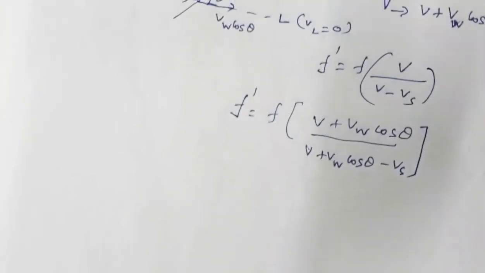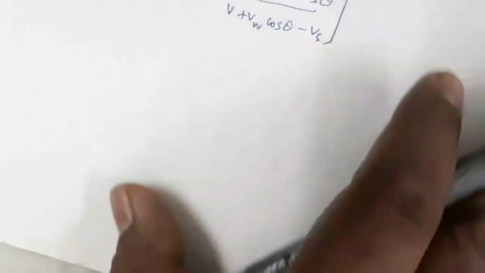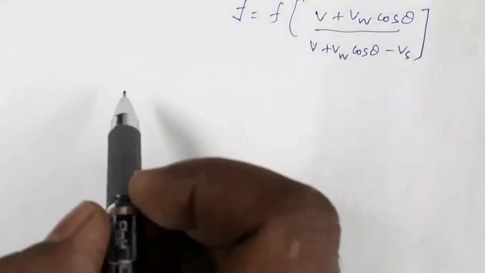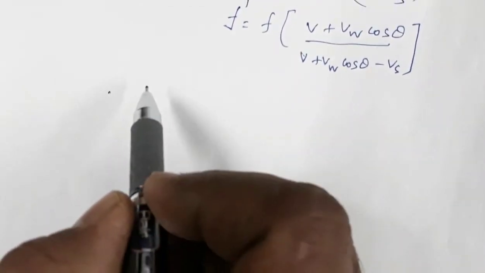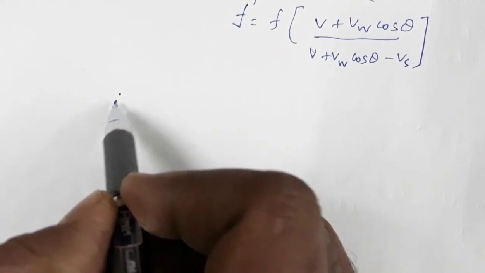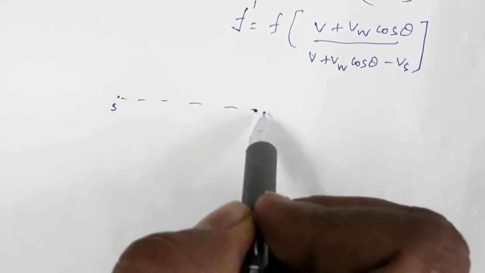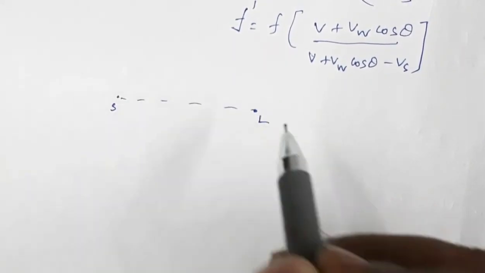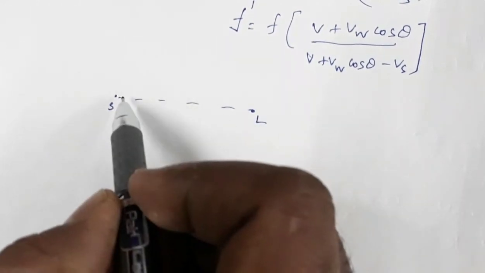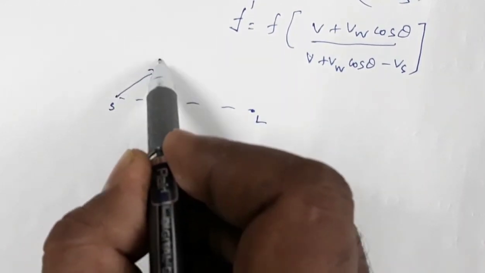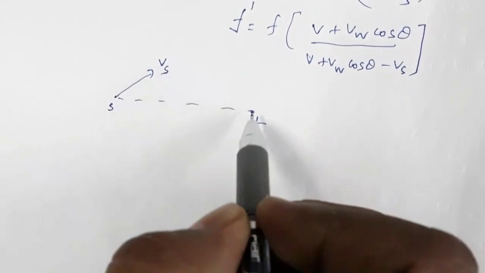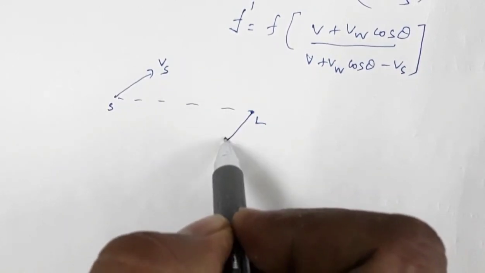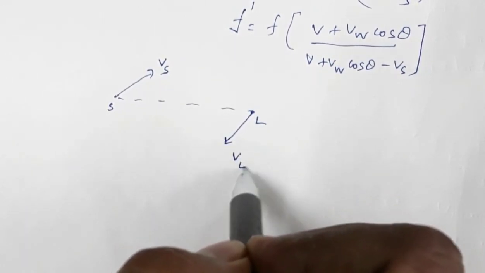Now another case. Suppose this is the source and this is the listener. The source is moving in this direction with velocity vs, and the listener is moving in this direction with velocity vl.